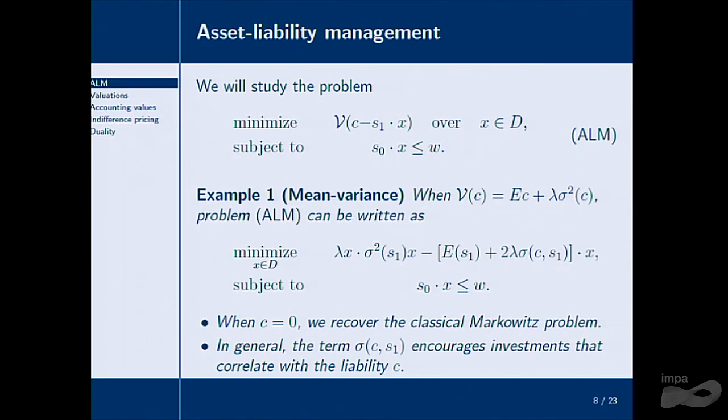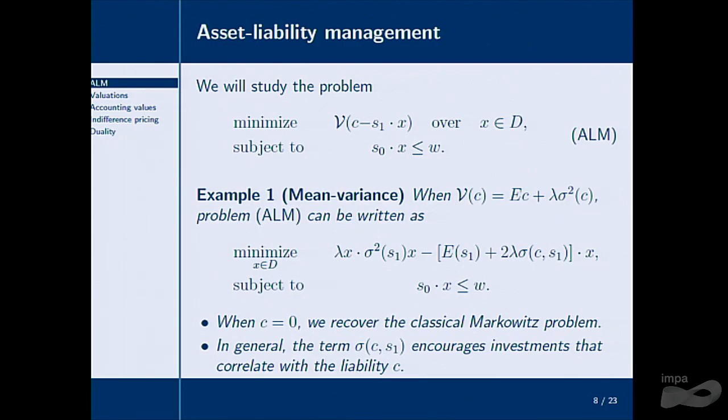Here's a simple example just to tie things to what we know. In the mean variance case, if your risk measure is this expectation plus some multiple of the variance of this net thing here, then you can write this optimal investment problem as a quadratic programming problem where you have the usual variance term here, and you have the expectation term. The only new thing compared to the Markowitz model is this correlation term.